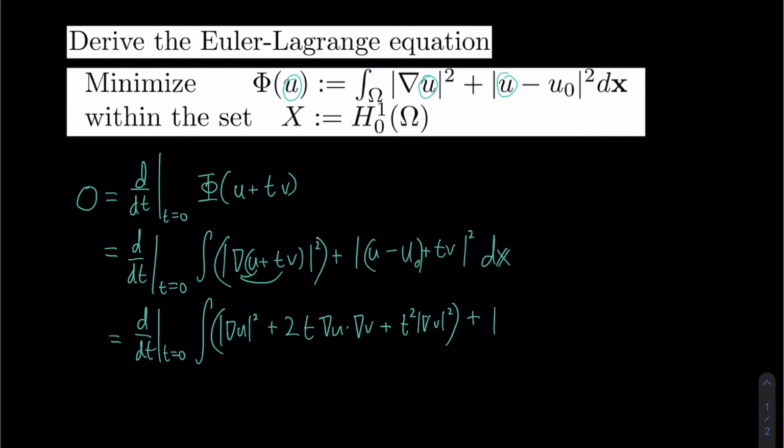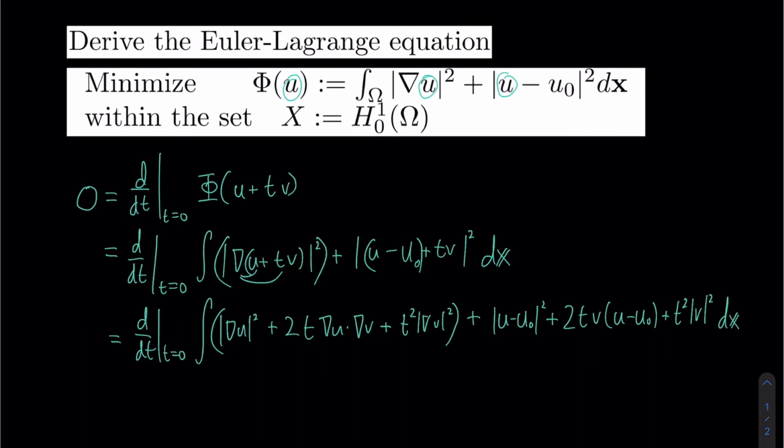And I'm going to square whatever is inside the absolute value. I'll get u minus u naught squared. And you'll see why I'm doing this. Plus 2t v u minus u naught plus t squared, and then absolute value of v squared.